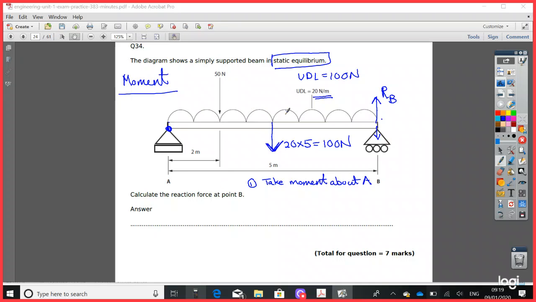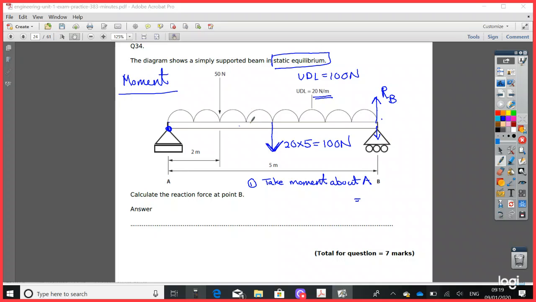So what you do is, anything pointing downwards, that means the clockwise movement, you put it on one side of the equation. Anything that is the anti-clockwise movement, you put it on the other side of the equation. So you can see the only arrow that is going anti-clockwise, which is on this side, is this bit here.